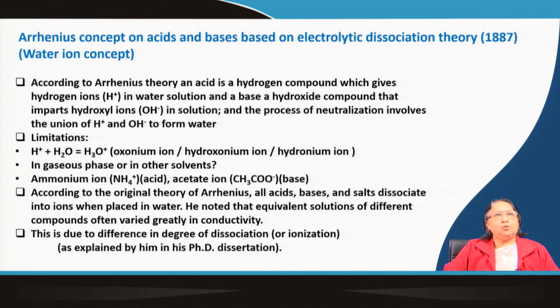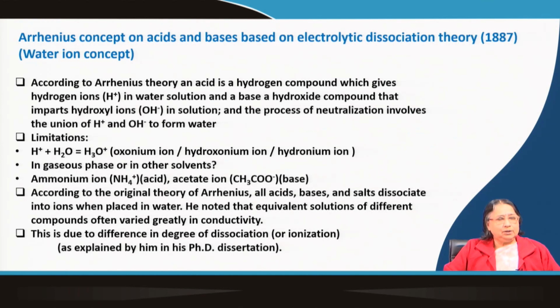This is also called the water ion concept, and it was first given by Arrhenius in his PhD dissertation, where he explained it as the electrolytic dissociation theory in 1887. But this theory has several limitations.